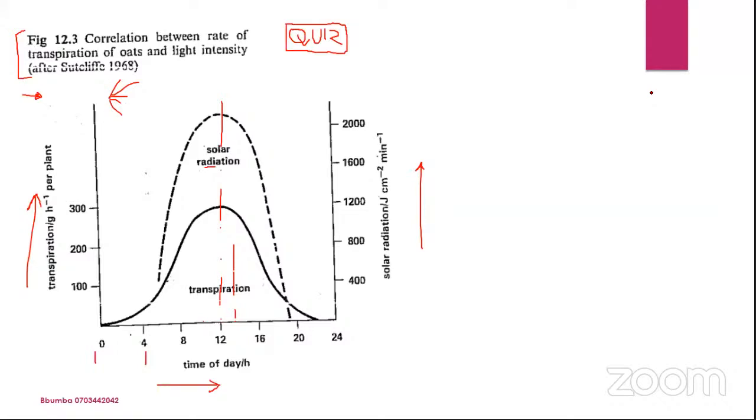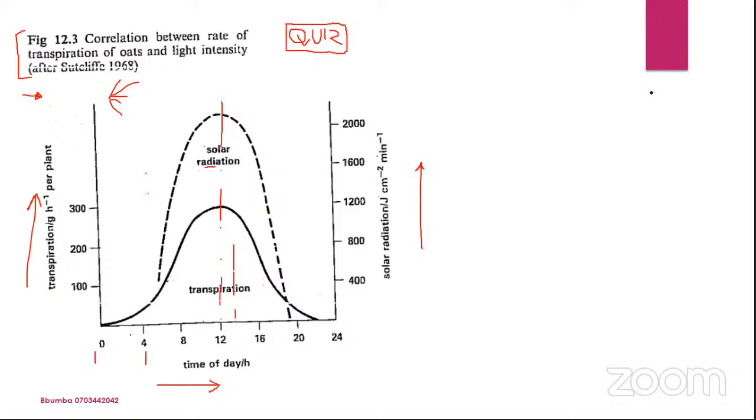Then from 4 hours to 12 hours, that's midday, the rate of transpiration increases rapidly. This is because the sun is already out, and the temperature also increases. The kinetic energy between the leaves also increases, so the rate of transpiration increases.